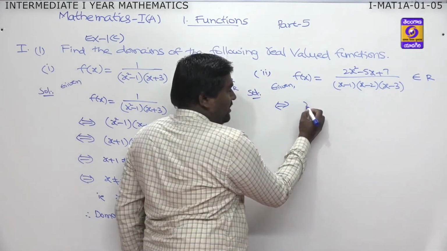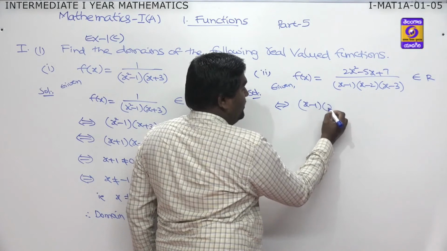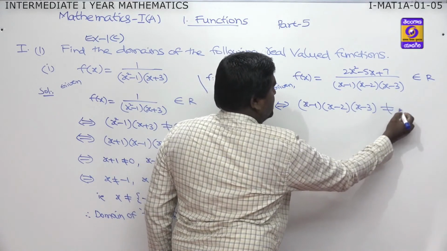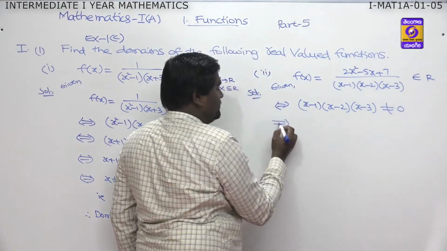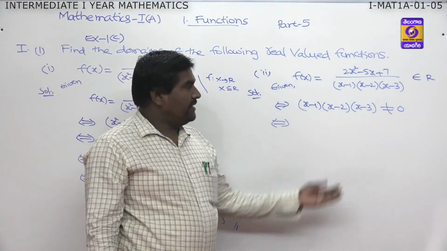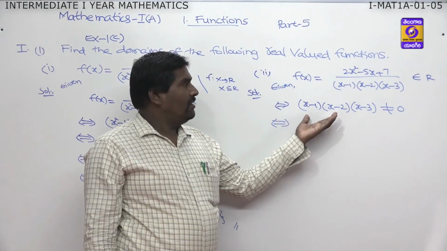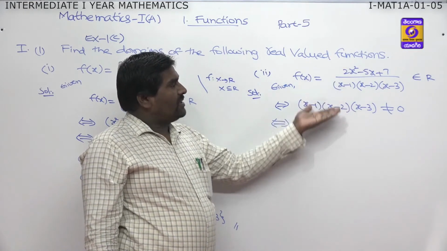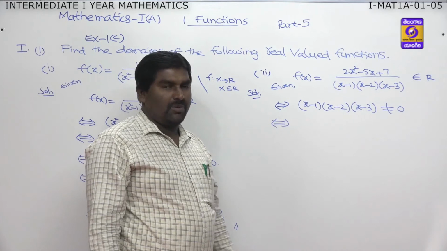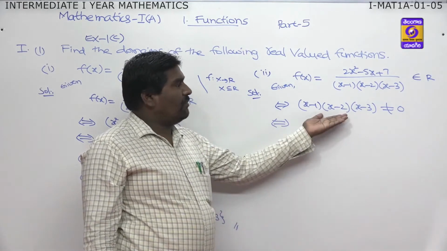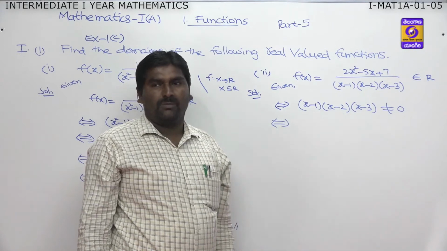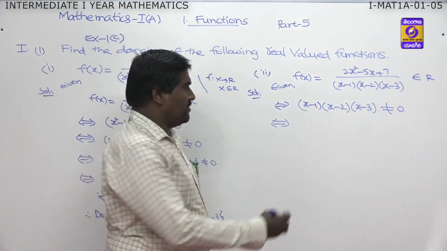కాబట్టి it is x minus 1 into x minus 2 into x minus 3 must be not equals to 0. It is the key point for the real valued function. ఈ వాస్తవ మూల్య ప్రమేయం యొక్క ప్రదేశాన్ని కనుగొనడంలో కీ పాయింట్ హారంలో ఉన్నటువంటి ప్రమేయం విలువ సున్నకు సమానం కాకూడదు, not equals to 0.